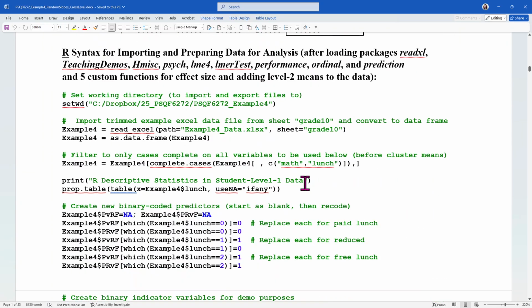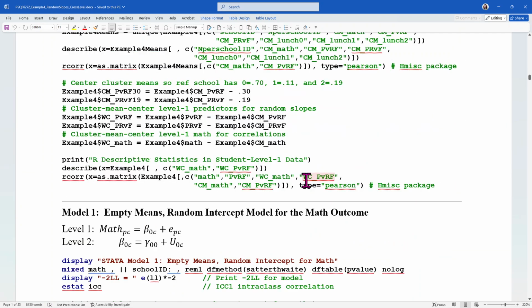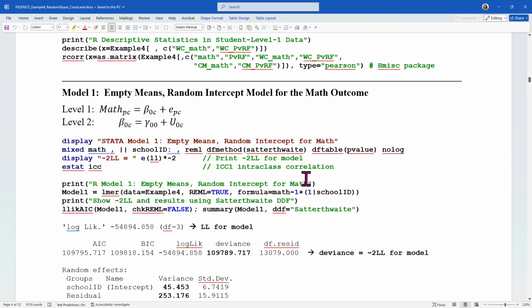Okay, intra-class correlations. Yeah, question? Can we do proportions of... get a discount, yeah.